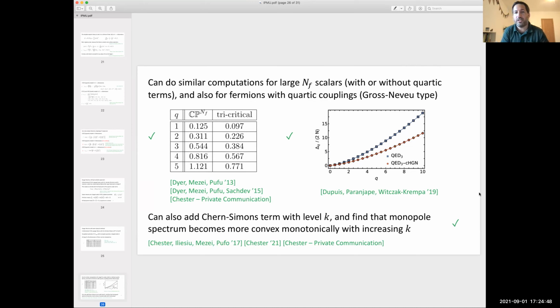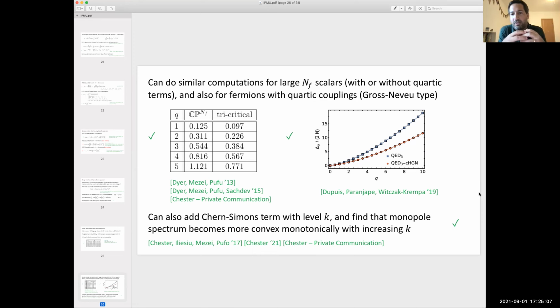A qualitative change you can do to these theories is to add Chern-Simons interactions at level k. So now you have another parameter in the theory that you could try to play with to try and validate the conjecture. But in fact, one finds that the monopole spectrum becomes more convex monotonically as you increase the Chern-Simons level.